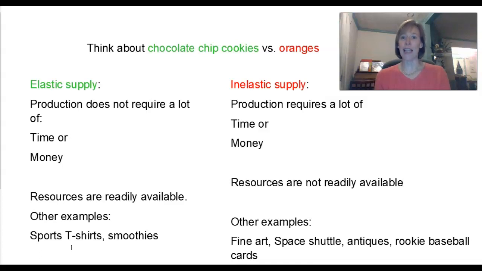Think about all the semifinal and final games that we've been to over the years and how in the hallway they're out there silk screening the t-shirts. They can easily make more shirts. Making those t-shirts doesn't require a lot of time, a lot of money, and the resources are readily available with gray t-shirts and a silk screen. You could say the same about smoothies. They have relatively elastic supply.